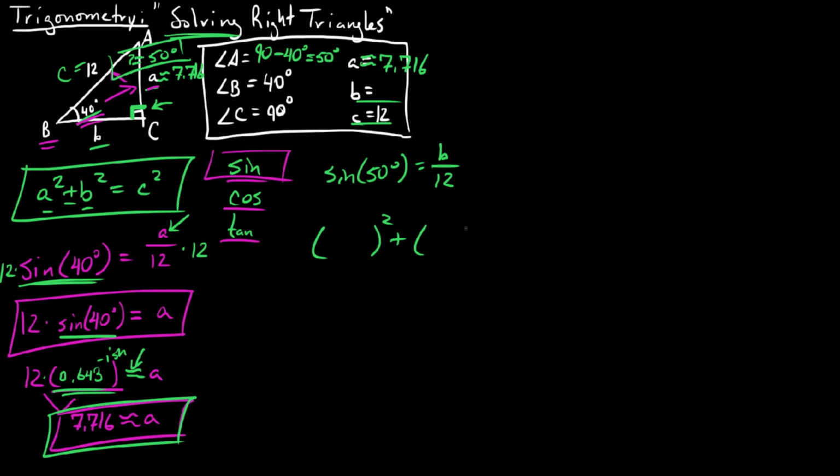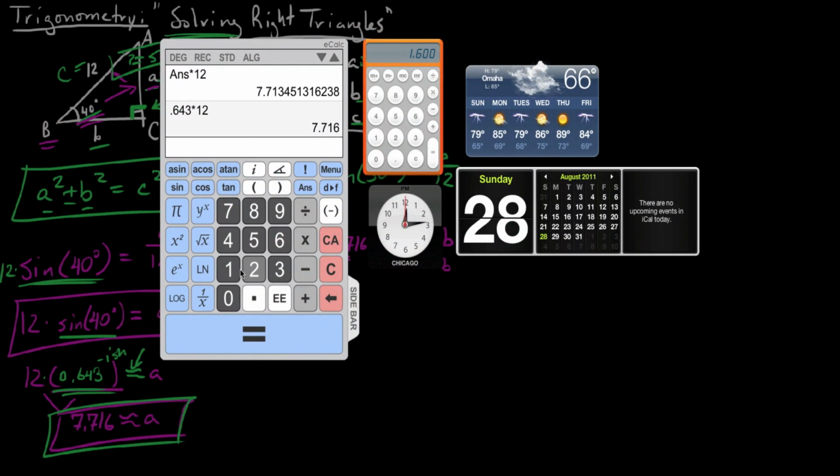So leg squared plus leg squared equals hypotenuse squared. Let's go ahead and fill in some values. The hypotenuse is 12. We said A would go here, but A is approximately 7.716, so by all rights we should be writing that these are only approximately equal. And B goes here. So we say 7.716 squared. Let's come back over here.